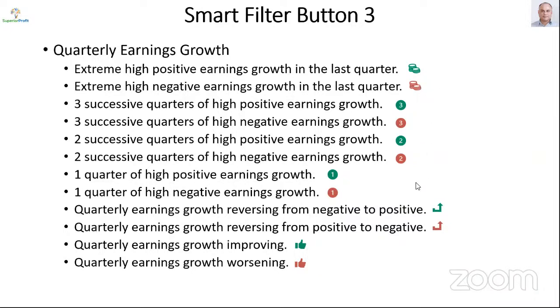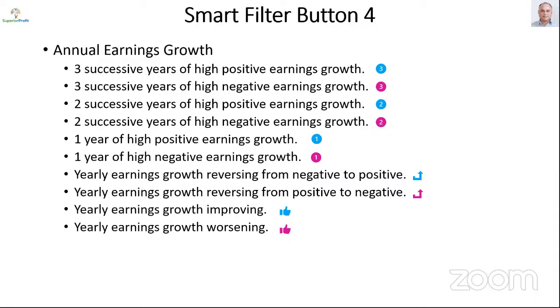Topmost ones more restrictive, lowermost ones less restrictive. These are quarterly earnings growth smart filters. And then we have a similar set for annual earnings growth. 3 successive years, high positive or high negative, 2 successive years, high positive, high negative, bullish, bearish respectively. Then last year, high positive, high negative.